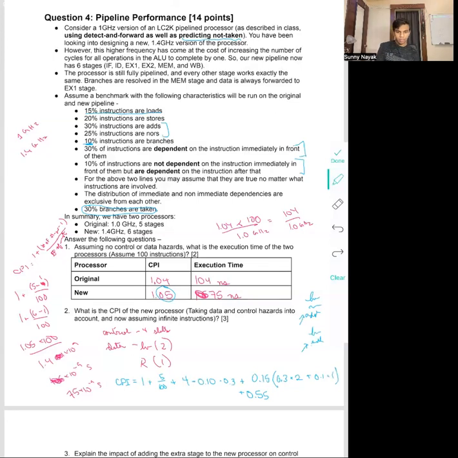And then how many of them are dependent? Well, if it's only 1 cycle, only the 30% number is going to apply, because who cares if it's not immediately in front of it. And so we're just going to have to multiply this by 0.3. And so we could add that number up.